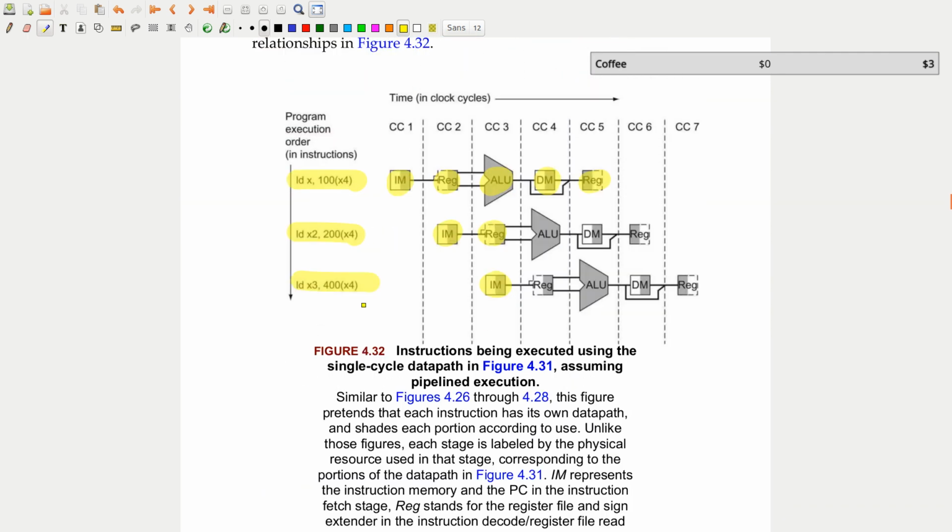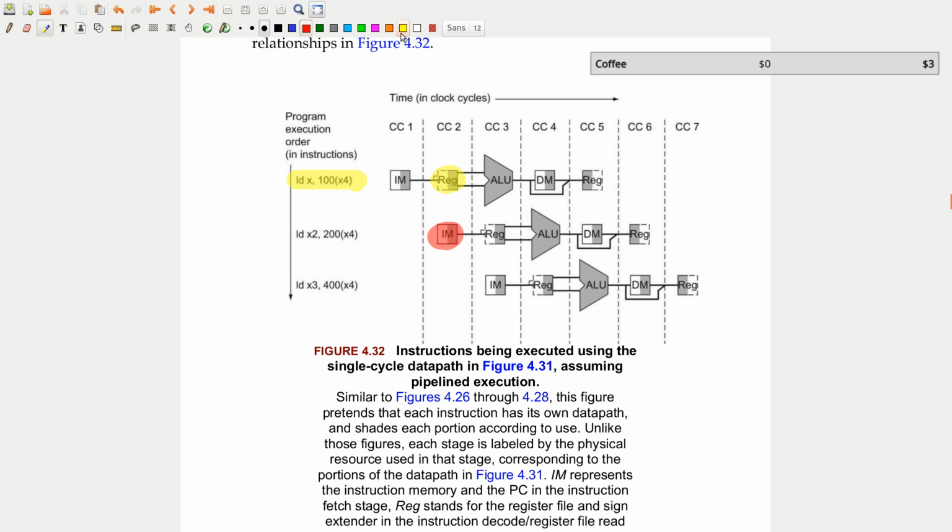So what they're saying is that in instruction 1, in the first cycle, we're using the instruction memory. However, once we get to cycle 2 and move on to decode, we're no longer using the instruction memory. So the next load instruction can use instruction memory, and this goes on and on.